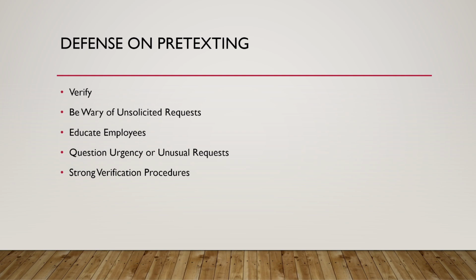We need to educate our employees and let them know that pretexting is a thing, and teach them how these attackers are going to try to manipulate them so that they don't fall victim to these schemes. We need to definitely question anything that's urgent or any unusual requests, just due to the fact that this is definitely a key sign of social engineering attempts.